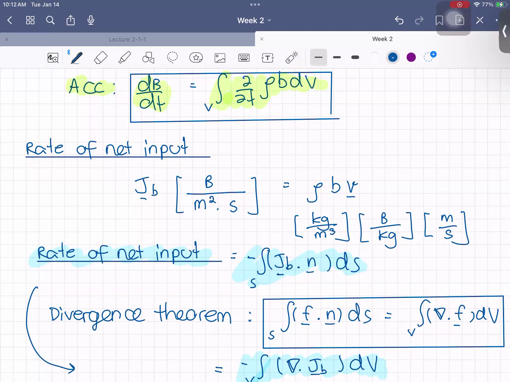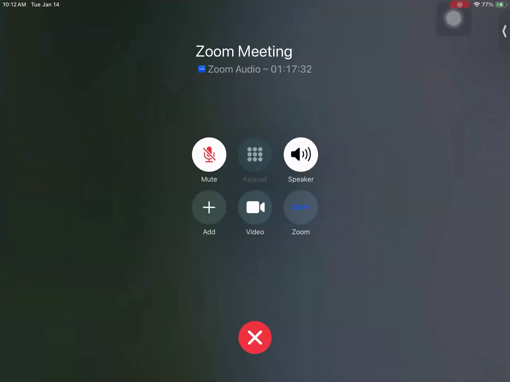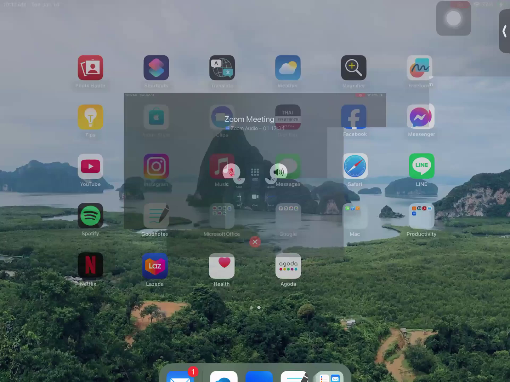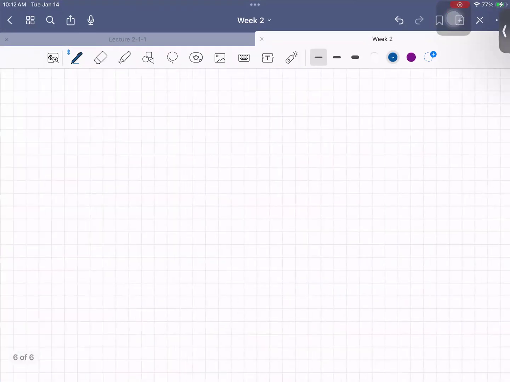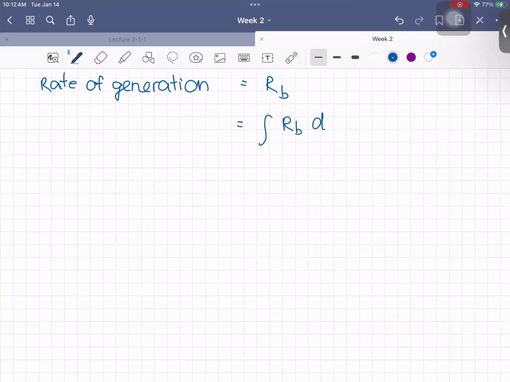We have rate of accumulation, which is this term, rate of net input, which is this term, and last one, rate of generation, which is equal to RB. It can be anything. So this term here is actually the generation rate per volume. So it's equal to integration of RB dV.